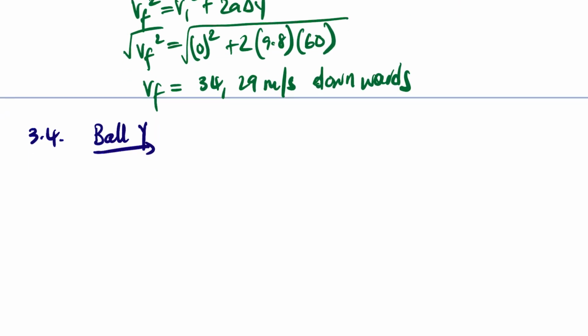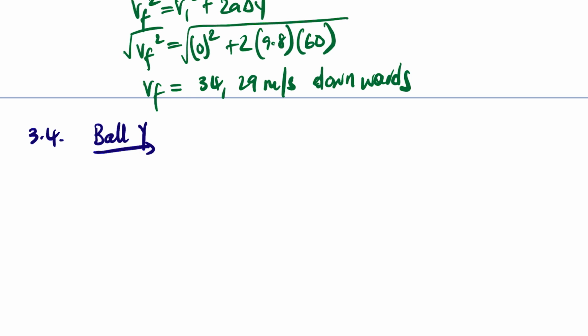I'm going to use the formula that says dy is equal to, okay, let me write the things that I have for ball y. What are the quantities for ball y?